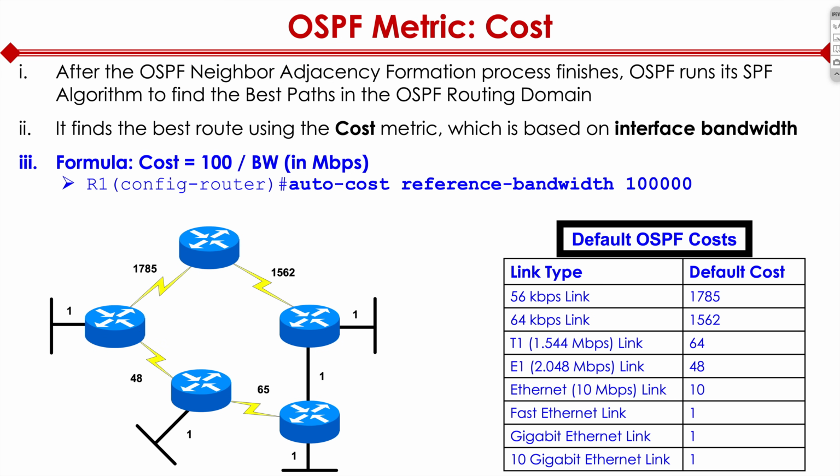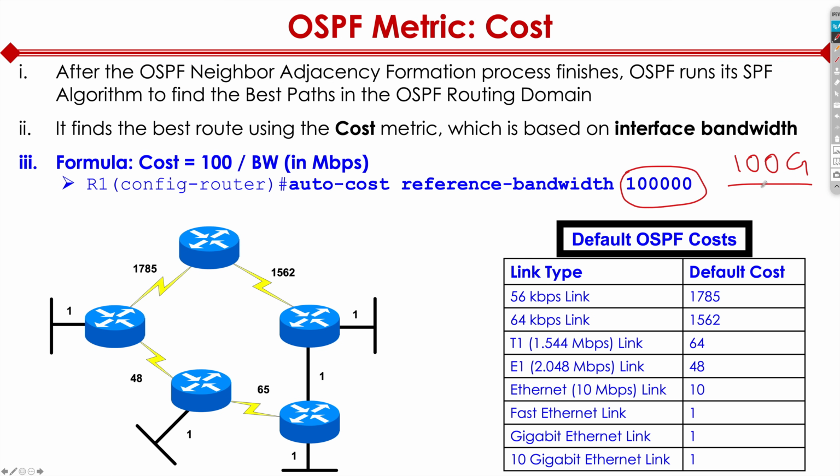Now, if you wanted to change it, which we would want to, we can change it under the OSPF routing process. We'll type in the command auto-cost reference-bandwidth. When we type in 100,000, this means 100 gig.